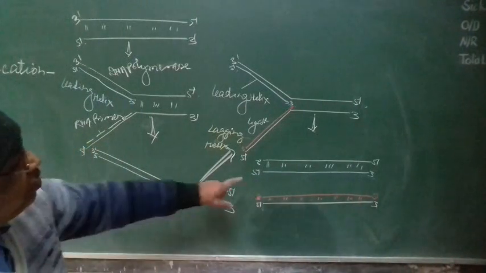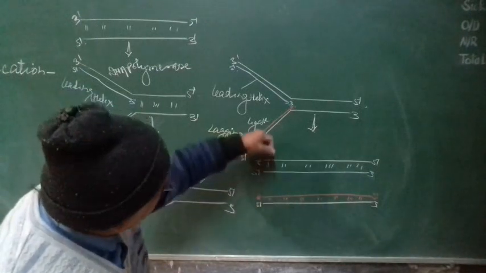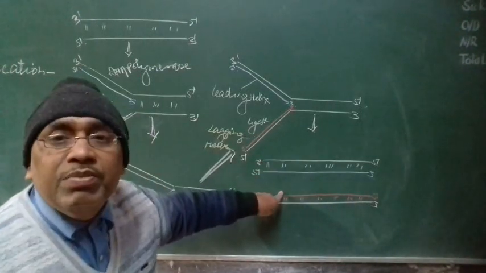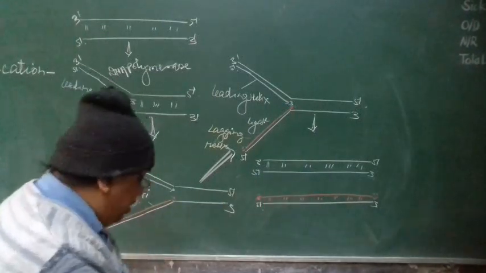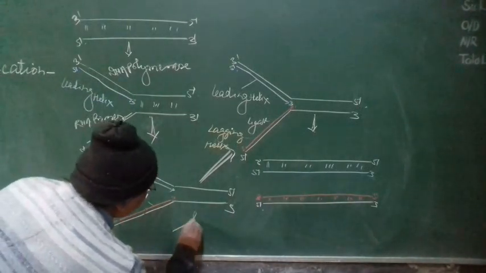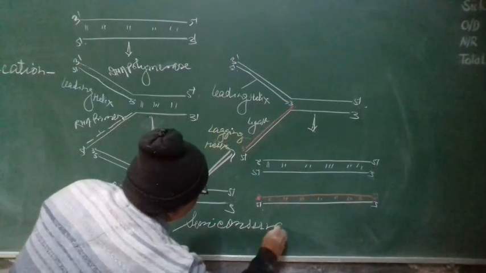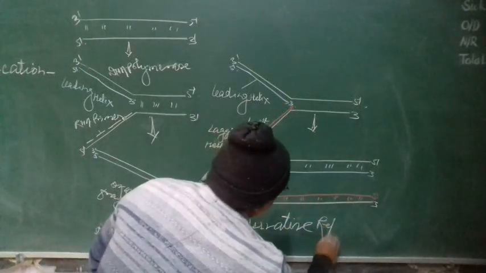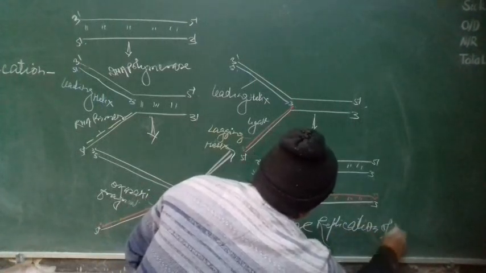So one DNA forms 2 DNA. But you see, in both DNA, one old helix, one new helix, one old helix, one new helix. That's why this is called semi-conservative replication. So we can say this entire process is the semi-conservative replication of DNA.